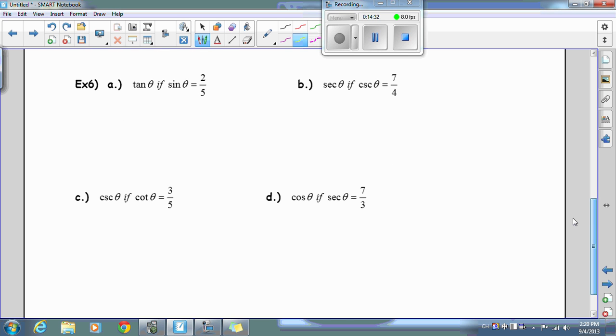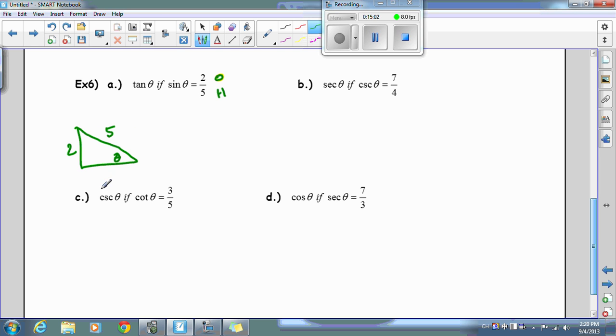I want to touch on example 6. Example 6 is slightly different. I have tangent of theta is equal to tangent theta if sine theta is 2 fifths. Sine is opposite over hypotenuse. Now I will draw my triangle, and I call this one theta. The opposite apparently is 2, the hypotenuse is 5.